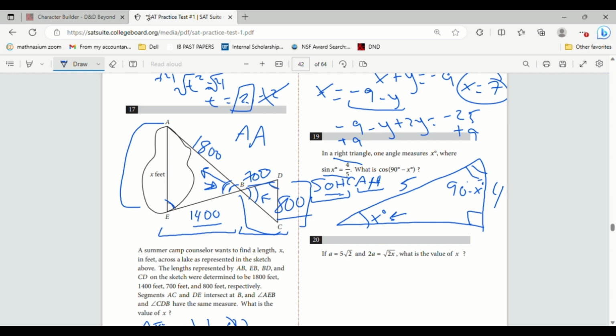So if this is the angle, adjacent is the 4, hypotenuse is 5. So cosine of 90 degrees minus x degrees equals 4 over 5, the same thing as our sine of x. So the answer here is 4 over 5.